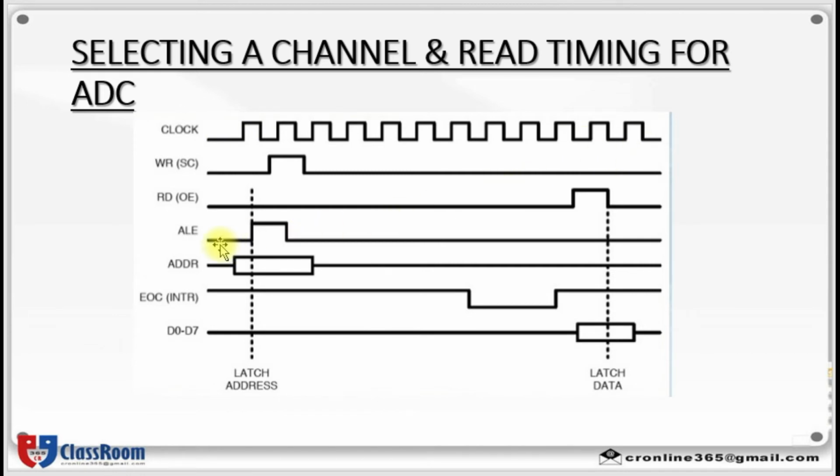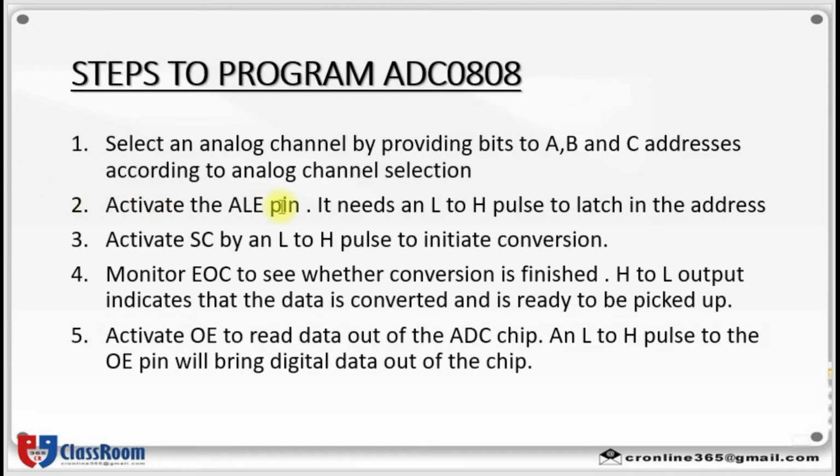A low to high pulse is needed to latch the address. So first ALE has to get a low pulse, then ALE has to get a high pulse to latch the address. So activate the ALE pin, it needs a low to high pulse to latch in the address.